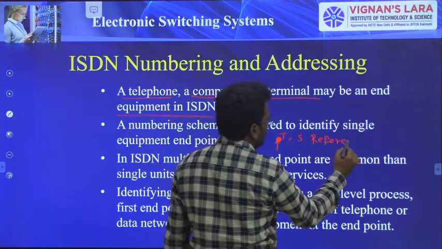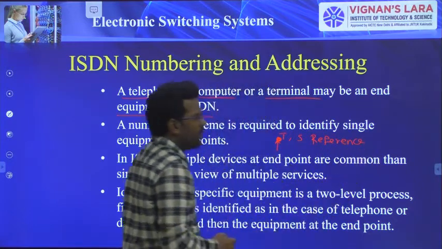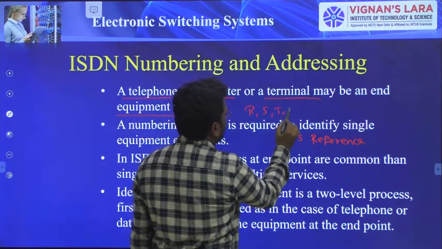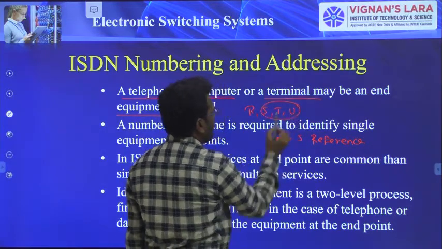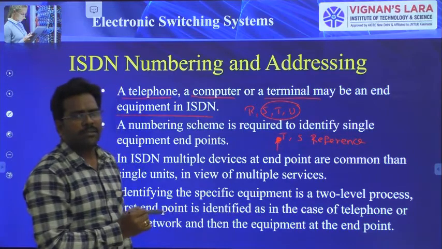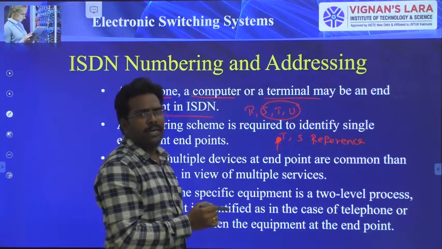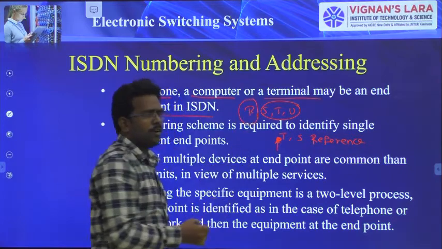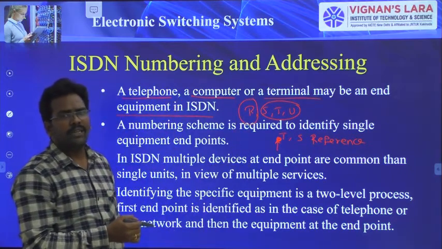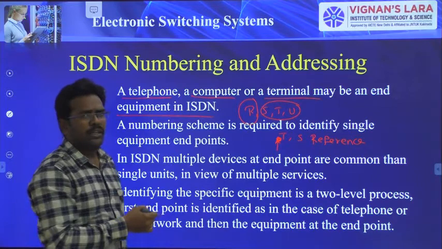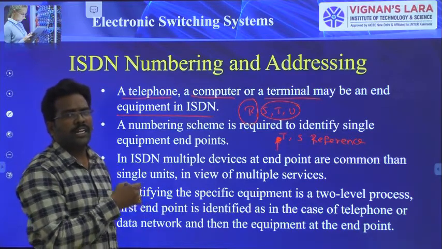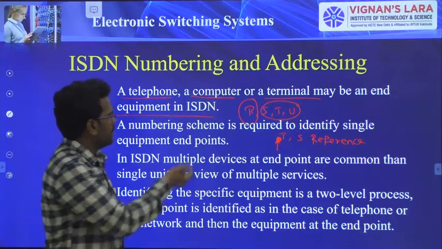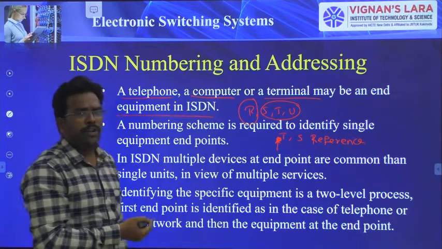In the previous class we studied the reference points R, S, T and U, where these 3 come under ISDN compatible reference points. Only ISDN compatible equipments are connected to these reference points, whereas R point is called a non-ISDN compatible one, where non-ISDN compatible end equipments are connected, that we studied in the previous class. So here the end equipment may be anything.